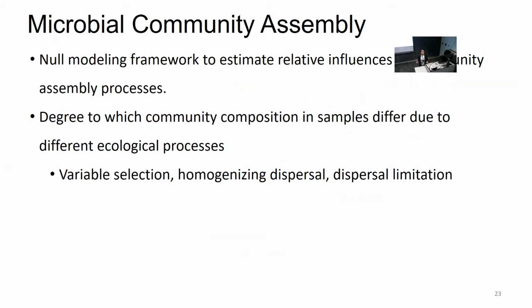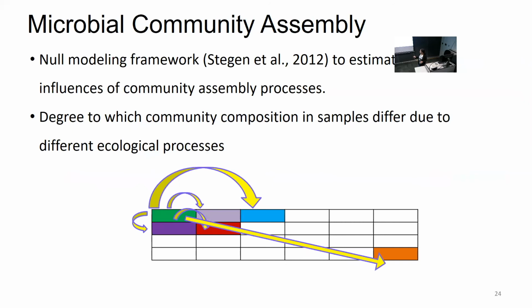Then the next question that I wanted to ask is, can we understand how these communities assemble together? Which basically means, in ecology, the degree to which a community is similar or different due to ecological processes. They could be selection processes, they could be dispersal processes. So what that essentially means is, if you imagine this as a cross-section of Menilio, you're just looking at it from one cross-section.